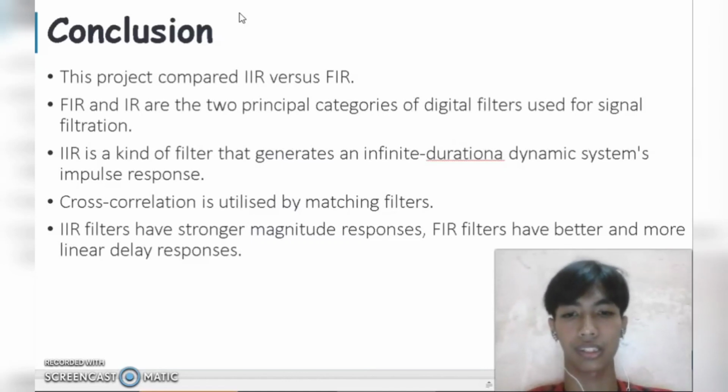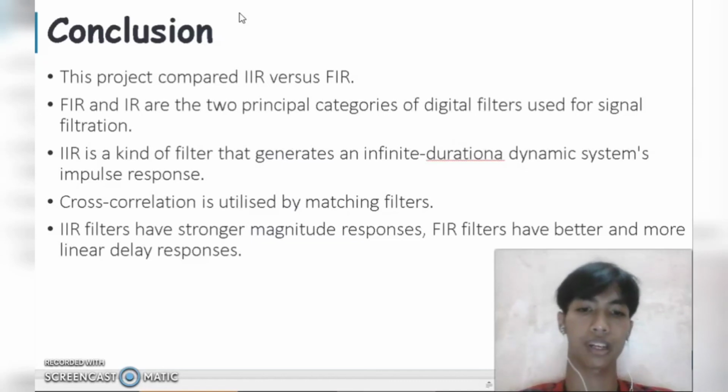Cross correlation is utilized by a matched filter. This may be seen as matching the input signal against a predetermined pulse shape. A cross correlation of the input signal and a time shifted replica of the impulse response makes the convolution.